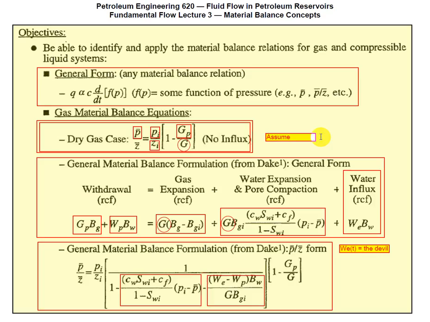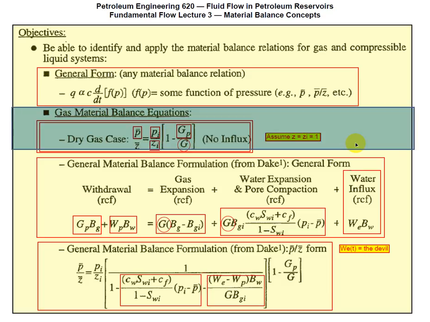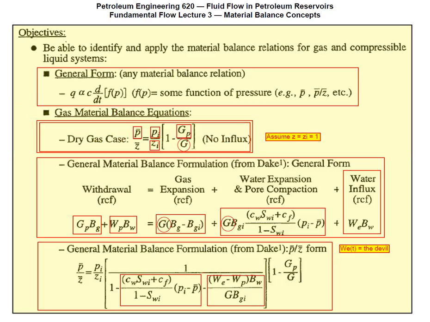Assume Z equals Zi equals 1. What's going to happen when I do that, folks? Okay, but what happens to the material balance equation? It is an exact accounting. What happens when you make an assumption like this?